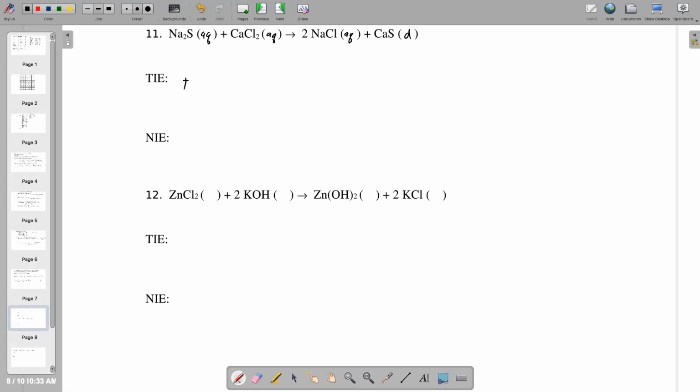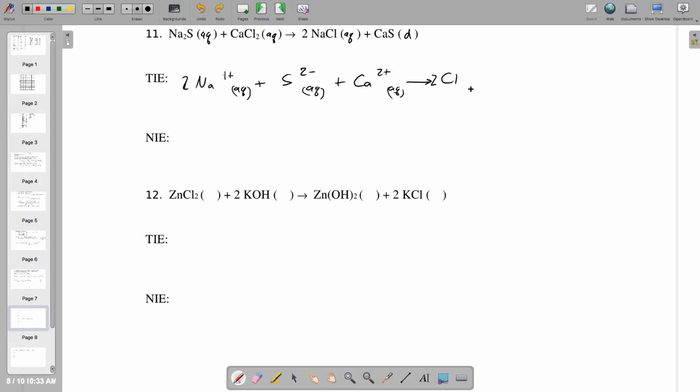Anyway, when you write these out, I'll write them out. We got 2 sodiums with a charge of 1 plus, a sulfur with a charge of 2 minus, and then you get a calcium and chloride. There's 2 chlorides, 2 Cl, 1 minus.